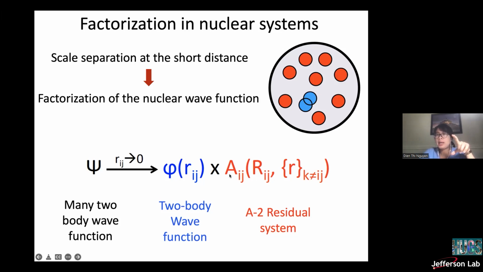The blue term comes from the two-body wave function, and the red term forms the A-2 residual system. This is how we factorize the wave function in the GCF.